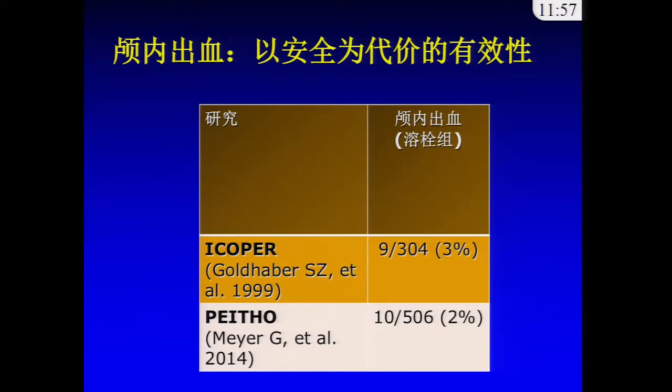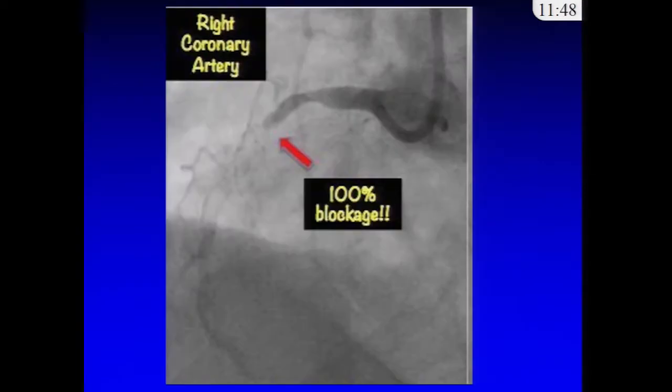We know the rate of intracranial bleeding is 1 to 2%, but the most important point is if we give intravenous thrombolytic therapy, TPA, and the patient has a large thrombus, at that time the patient has slow flow in that area, and the slow flow will not bring the medication to the site of the thrombus.